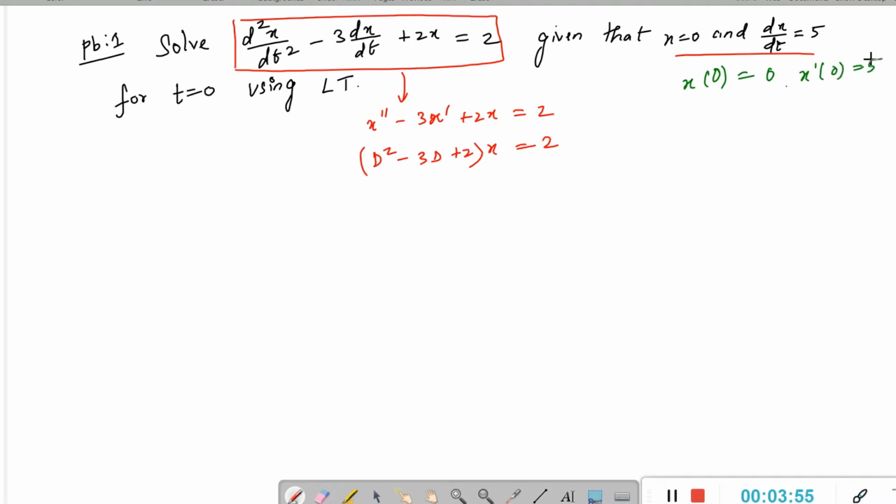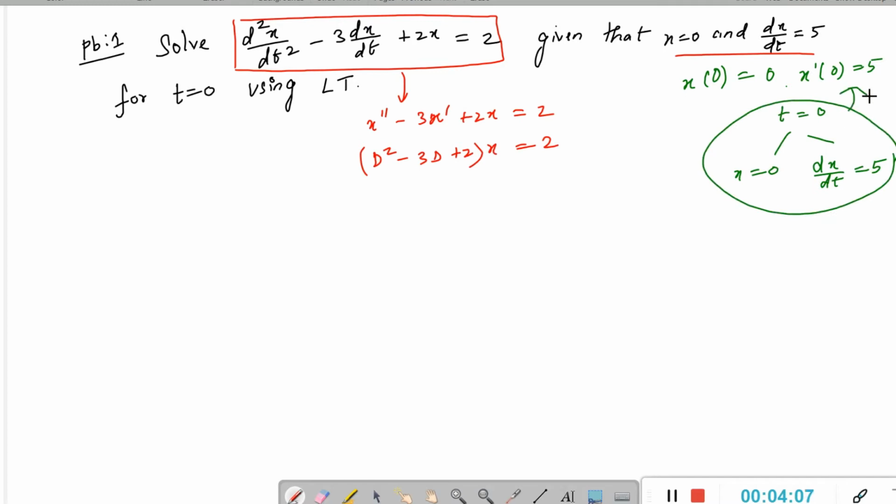So in this problem, it is given that at t equal to 0, x is equal to 0 and dx by dt equal to 5. That thing I have written differently. That means x of 0 equal to 0, x dash of 0 equal to 5. Now I am going to take this form of differential equation.